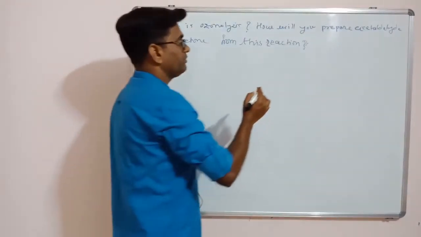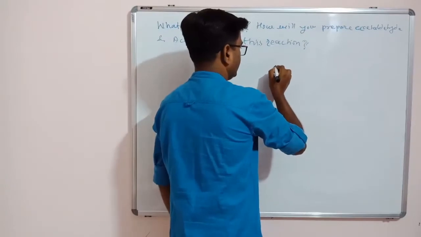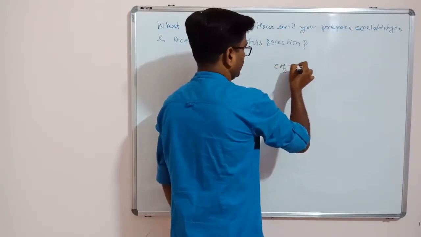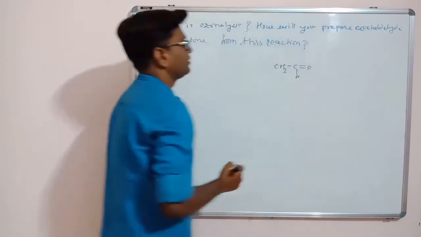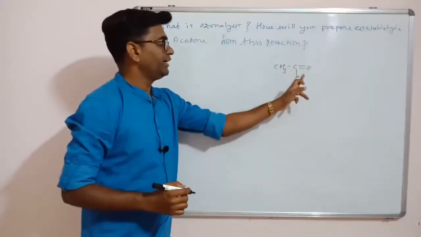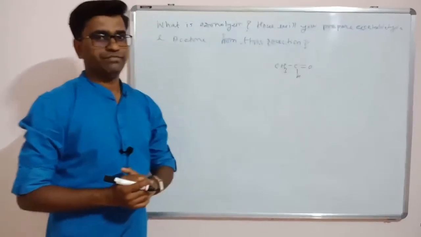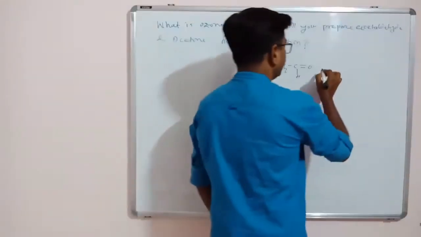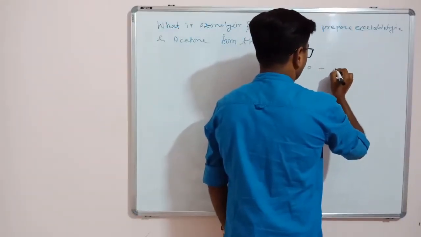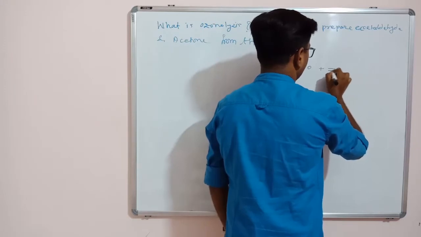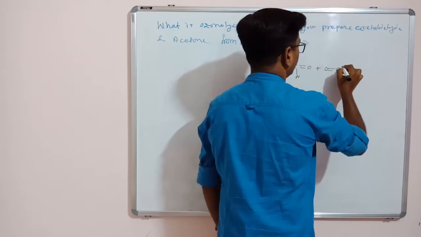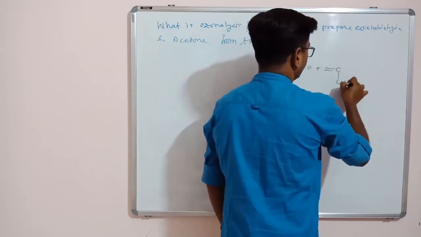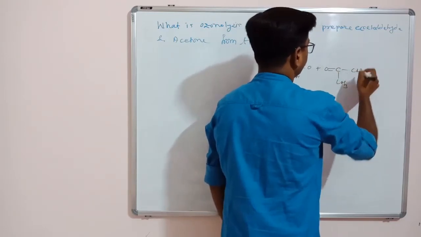So what is the structure of acetaldehyde? Acetaldehyde structure is CH3CHO. This is the aldehyde group, C=O with H. The second product is acetone, CH3COCH3, C=O with CH3 and CH3.